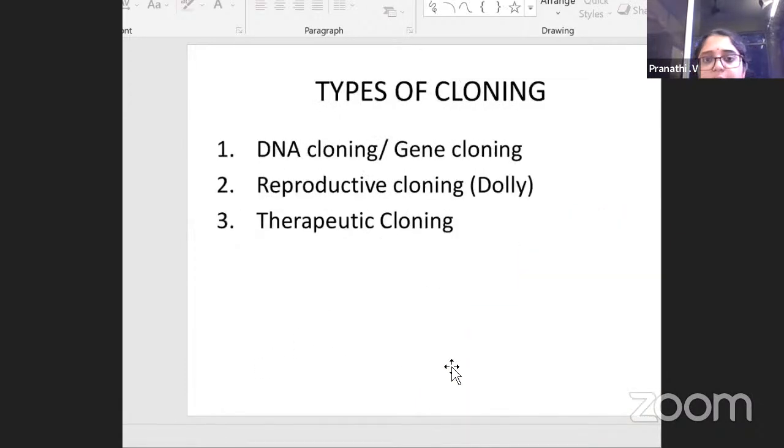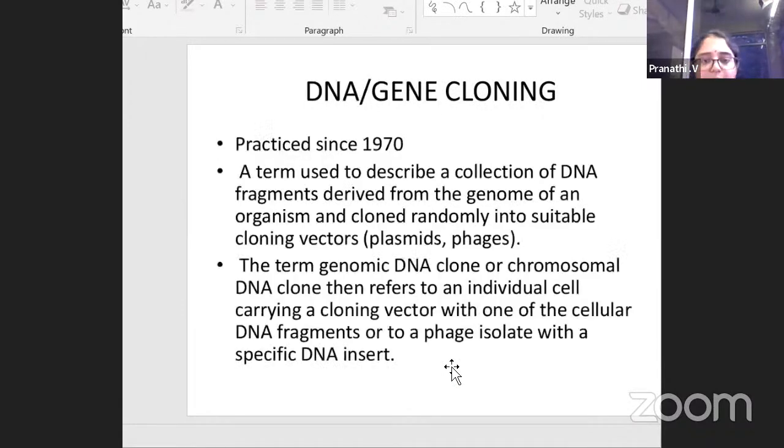Now, what are the different types of cloning that you can get to see? You have DNA and RNA cloning also. In DNA cloning, all the DNA fragments that are there in the genome are first acted upon by restriction endonucleases, so you get DNA fragments. Then later it is cloned randomly, and the vector for this cloning is going to be the phage DNA or plasmid.